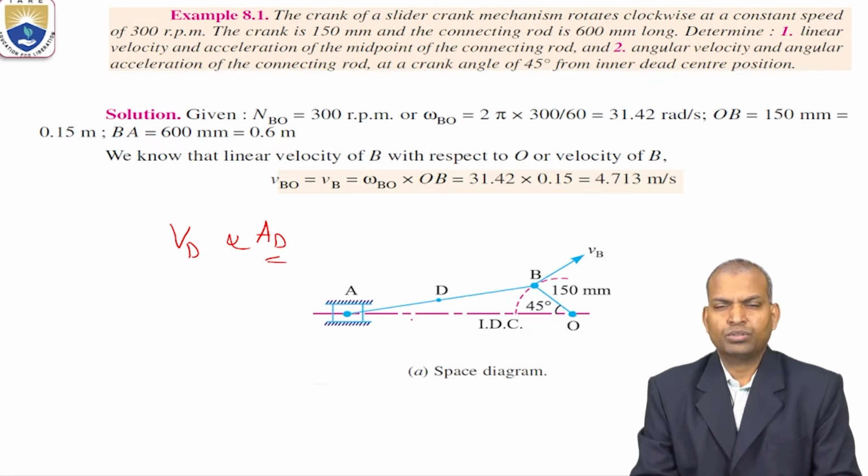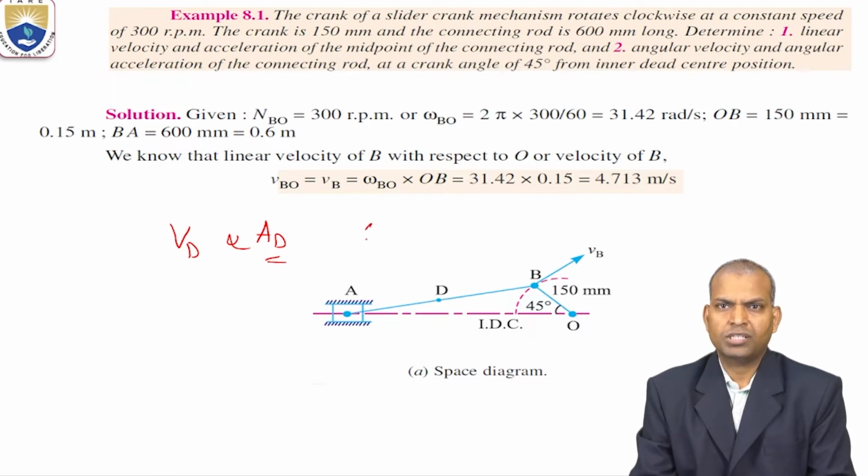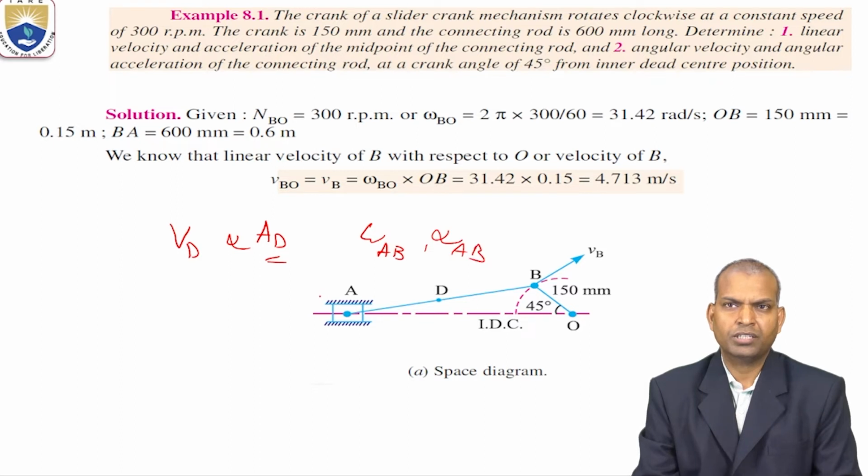And objective number 2: angular velocity of the connecting rod and acceleration of the connecting rod at a crank angle of 45 degrees from the IDC, inner dead center.